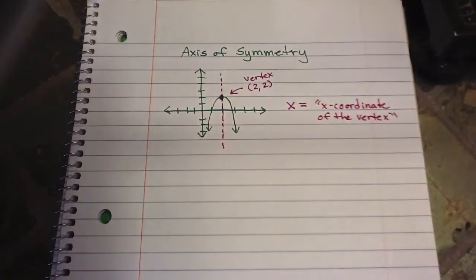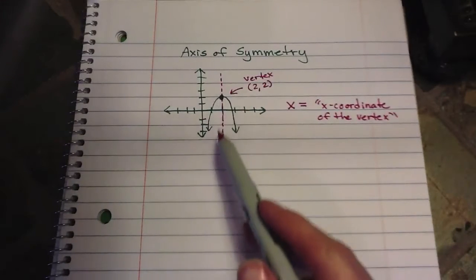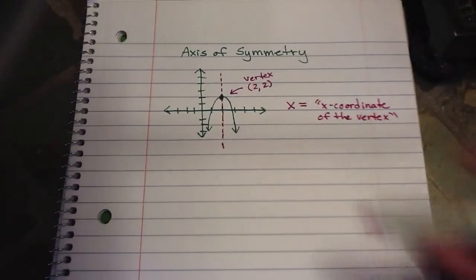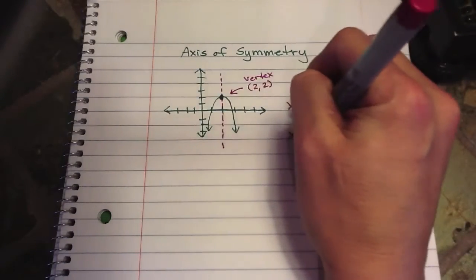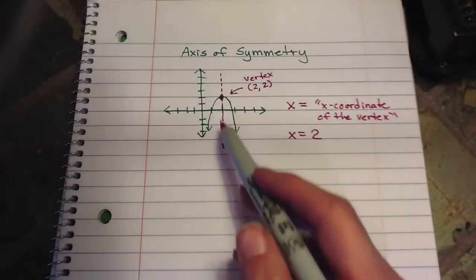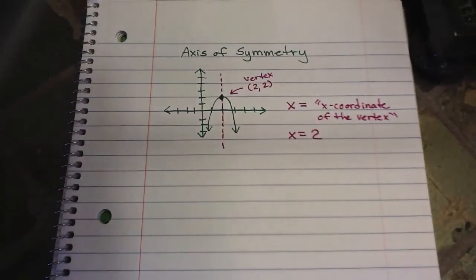Every single time, that's how you'll write it. So the axis of symmetry for this particular parabola would be x equals 2. It's not the y, it's the x. And that's how you write axis of symmetry, and that's how you would draw it in with a dashed line. Draw that, hit play when you're ready to continue.